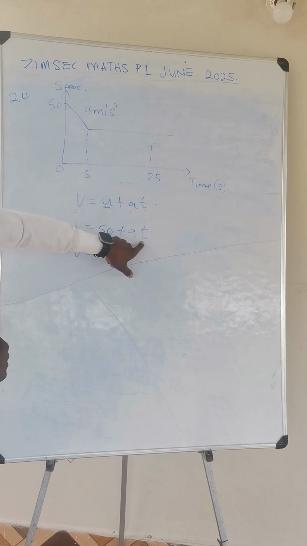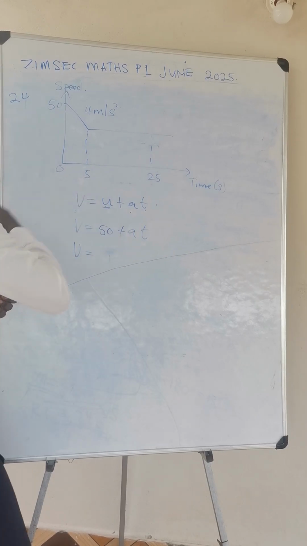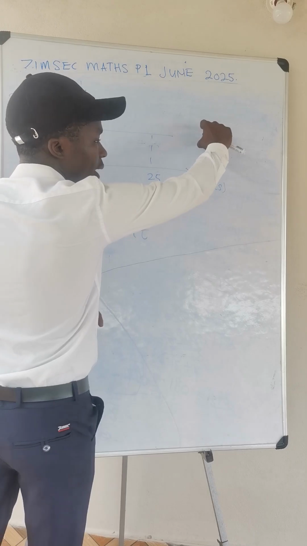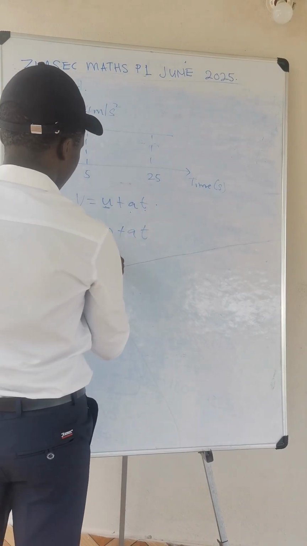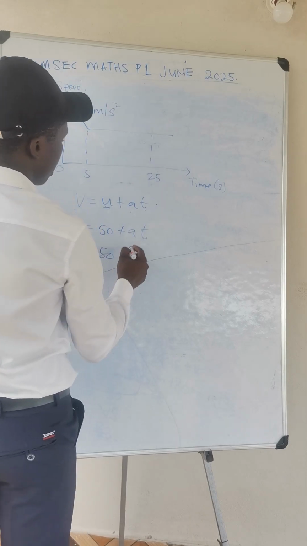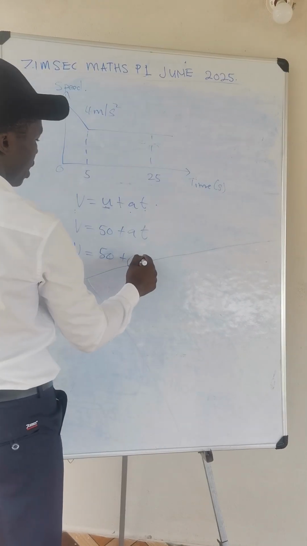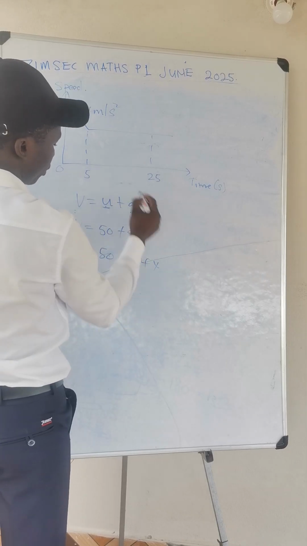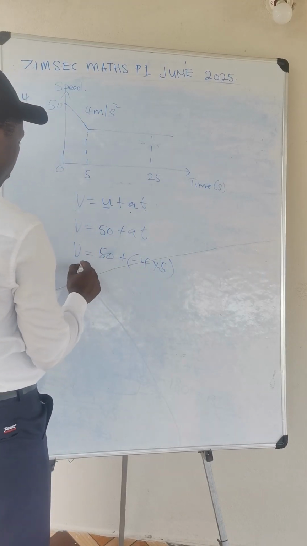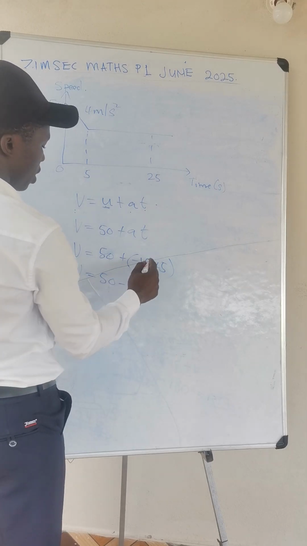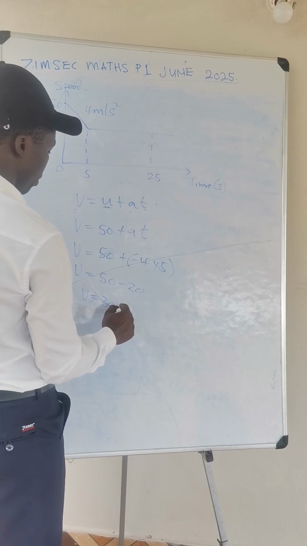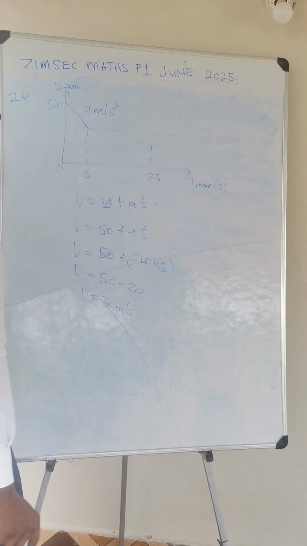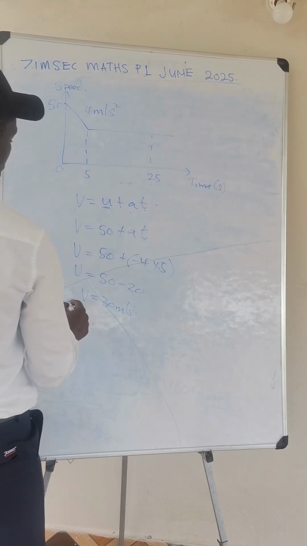So we don't have to use 10, we use 5. After that it is moving with the constant velocity. So here it becomes 50 plus negative acceleration, minus 4 multiplied by 5. It becomes V is equal to 50 minus 20. V becomes 30 meters per second. So this becomes our final velocity.